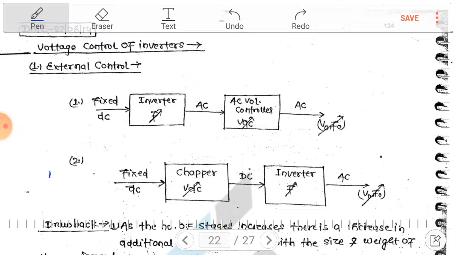But in single phase VSI and three phase VSI, we have seen that we can only vary the frequency of the output voltage by varying the switching time or conduction time of the switches, but the magnitude of the fundamental and output RMS cannot be varied, it remains fixed. So to vary it, we can use external control or internal control.